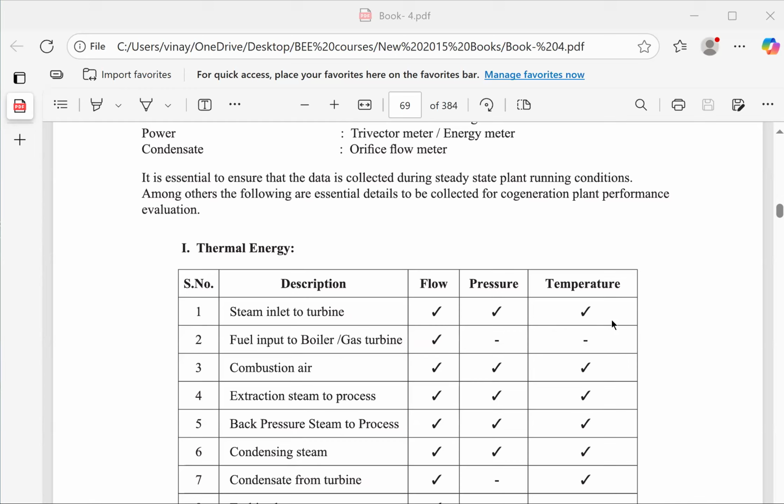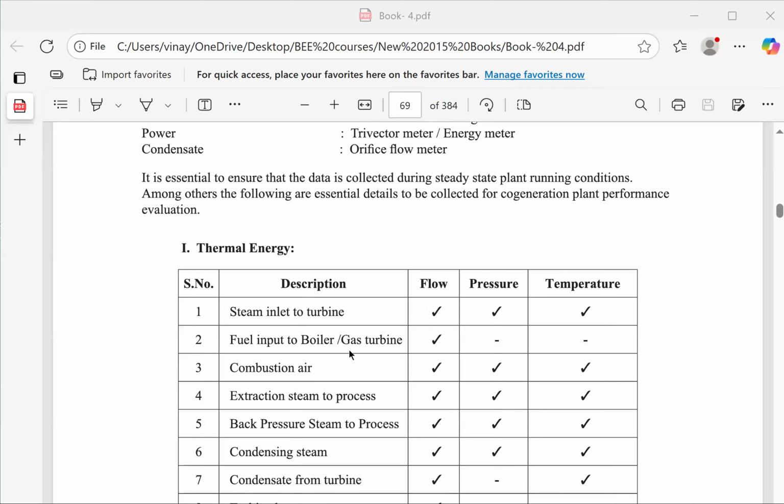Why these three? These three parameters give you the total heat content in the steam. Therefore, these three readings are to be taken accurately.